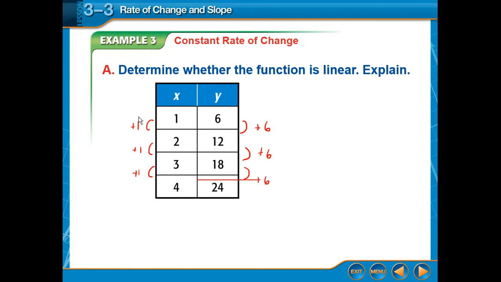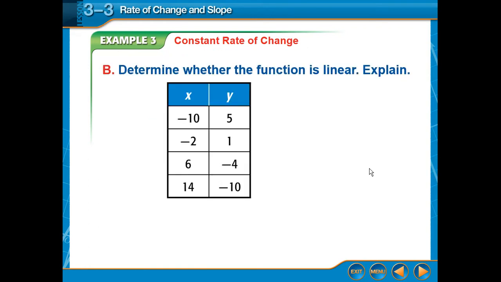For all of these points, the change in y over the change in x is going to be the same. The rate of change is 6. So if you have a constant rate of change, that means it is linear. So this one, yes, it is linear.